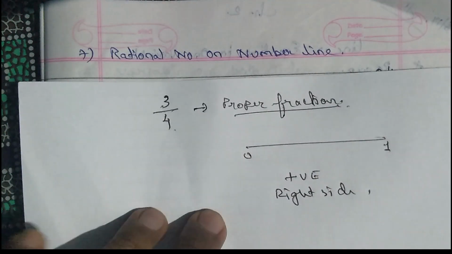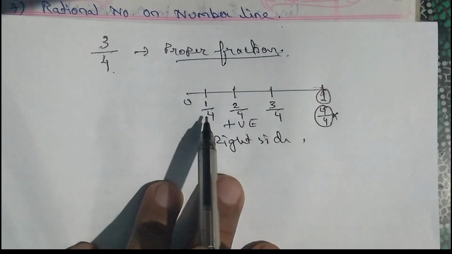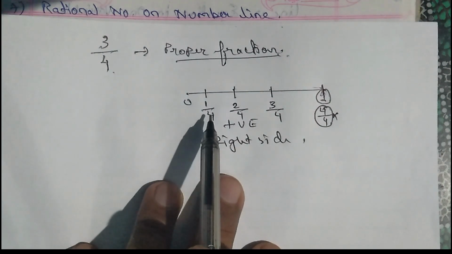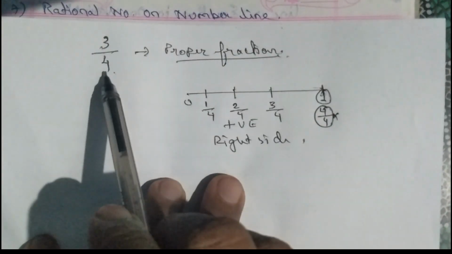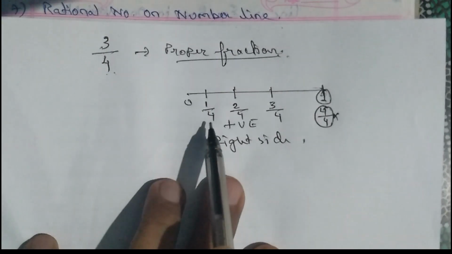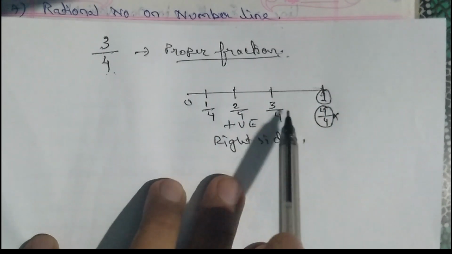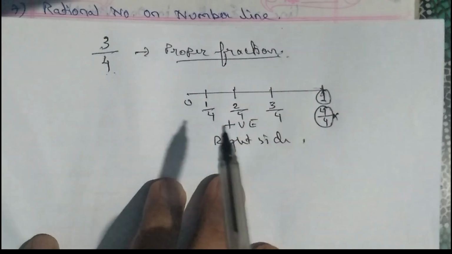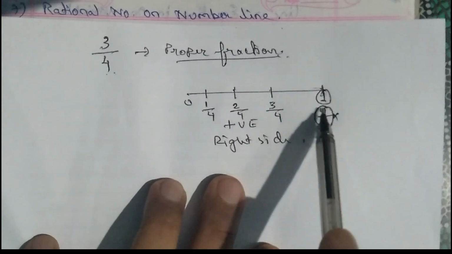Now let's see how. So this is how we can plot the rational numbers on number line. This was the number. As we have denominator 4, we can divide 0 and 1 into 4 parts, 1, 2, 3 and 4. 1 upon 4, 2 upon 4, 3 upon 4, and this is 4 upon 4.